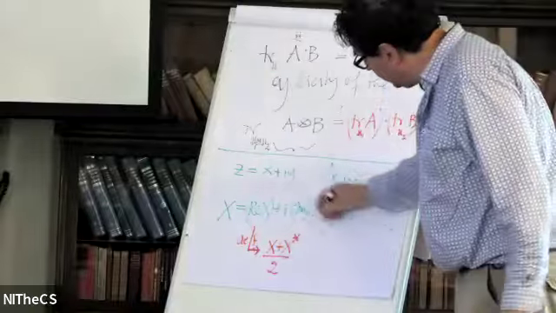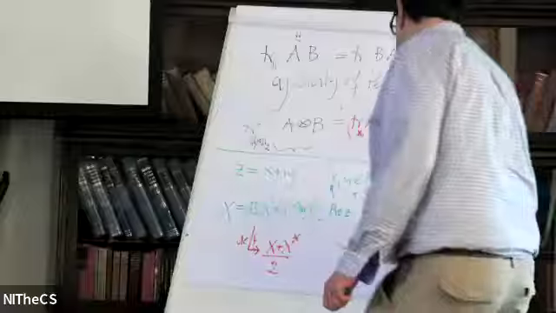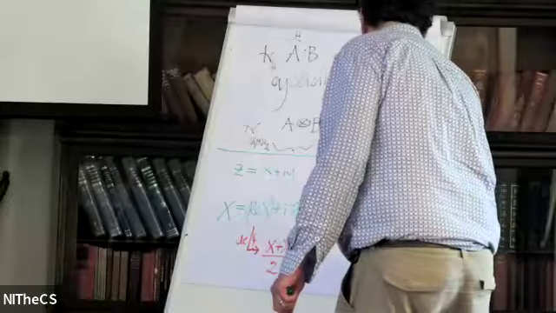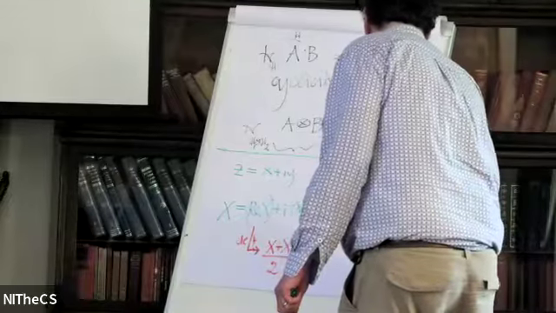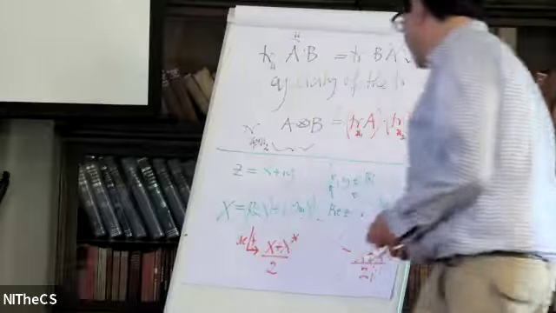And the imaginary part of X, I define it to be X minus X adjoint over 2 times i.